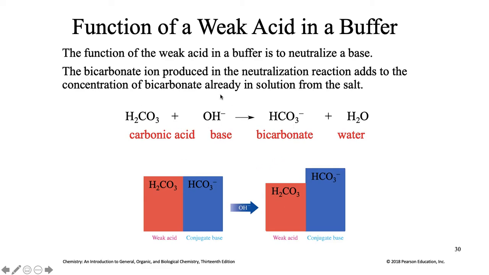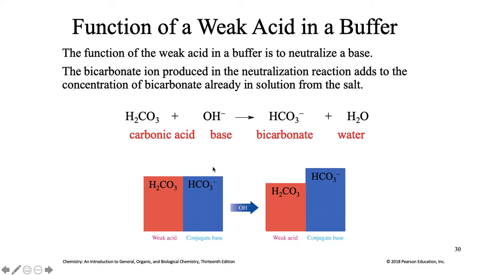So when I add an extra strong base to my initial buffer solution containing equal amounts of these two, the OH minus is going to be neutralized. I'm going to use up a little bit of my acid, and I'm going to be producing a little more bicarbonate. So the bicarbonate goes up a little bit, and the acid goes down a little bit.